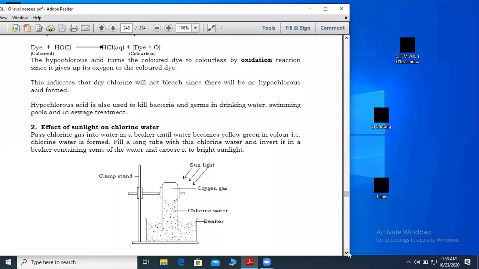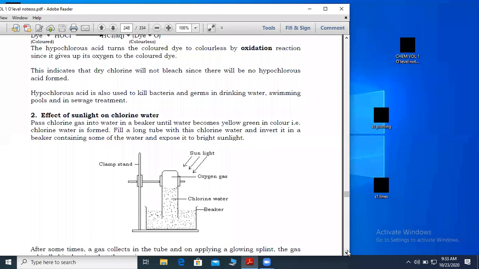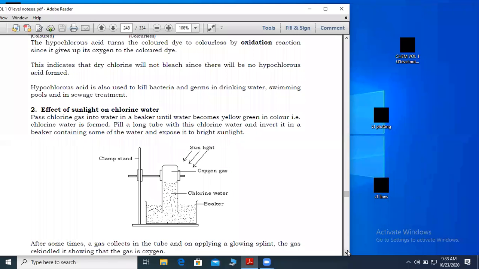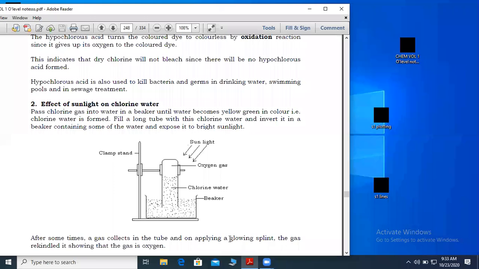Lower a glowing splint in a gas jar containing oxygen. Yes. So that's how you test for oxygen. Please, a burning splint is for hydrogen. For oxygen, we use a glowing splint.